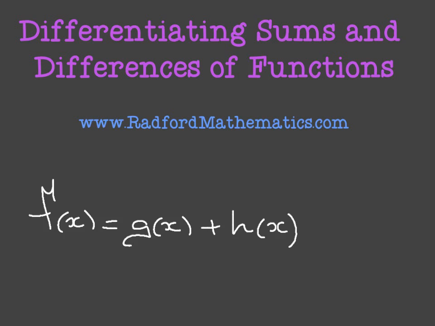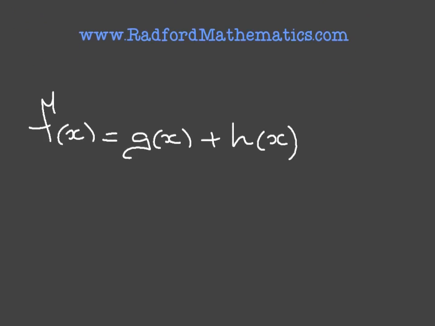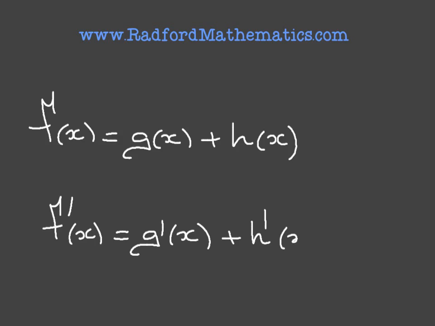Then to differentiate this sum, all we need to do is to differentiate each of the two terms in the same way as we would if they were on their own. Meaning, the derivative f dash of x is equal to the derivative of g of x plus the derivative of h of x. And that's all. Let's see how this is done with a couple of examples.